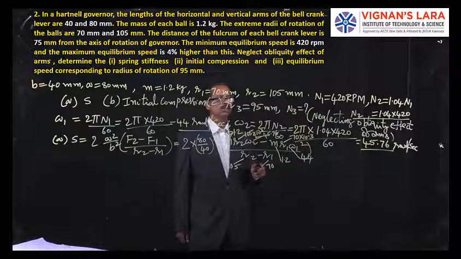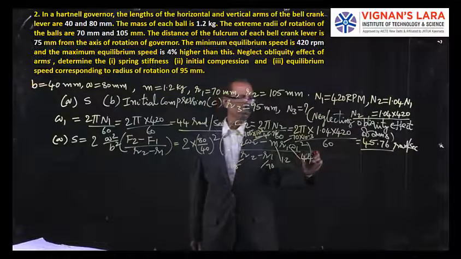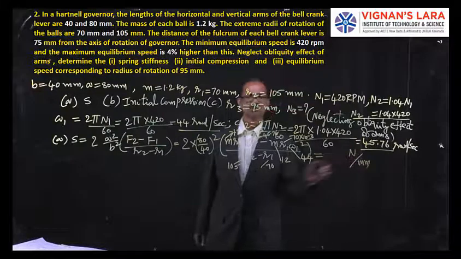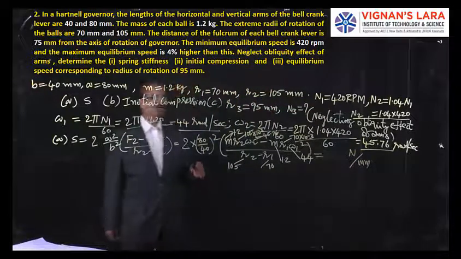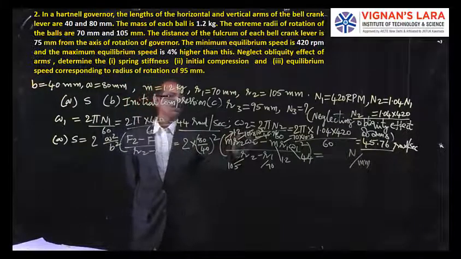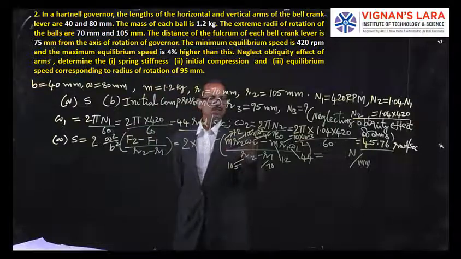Then here I will substitute in mm, so finally I will get Newton per mm. So let us substitute the mass in kg, radius in meters so that you get the force in newtons.